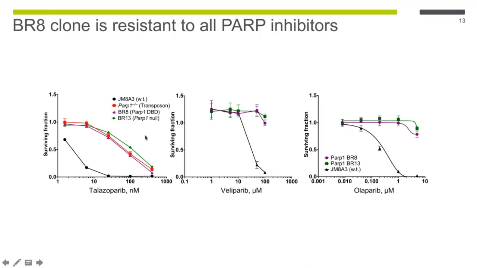Nevertheless, this clone 8 was very resistant to all the PARP inhibitors that we tested when we retested it. And you can see its resistance is shown in purple on these survival curves here. You can see that it's resistant to the same extent as a null mutant, which is shown in the green and the red here. So this is a clearly resistant mutation, and it's got a PARP1 guide.